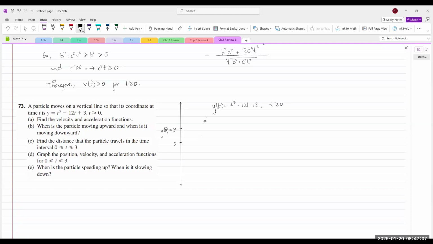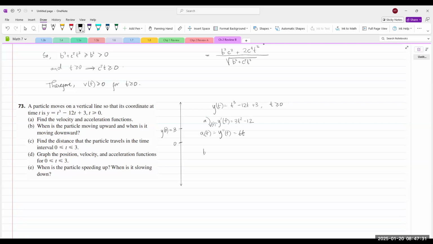It's a polynomial, so it should not be too hard. The velocity, y prime, will be 3t squared minus 12, while y double prime, the acceleration, is 6t. Now, when is the particle moving upward and when is it moving downward?